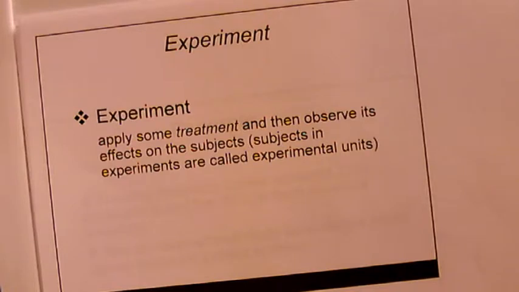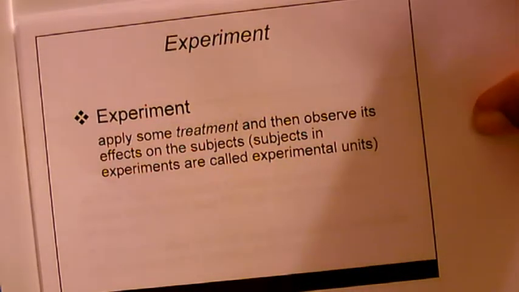An example would be this: if I wanted to test whether or not a certain drug is effective on relieving headaches, I would give probably 20 people the drug and the other 20 what they call a fake drug, or a placebo, and find out whether or not it's effective on headaches. Okay, so a treatment is applied to those subjects to determine whether or not their headaches are gone.